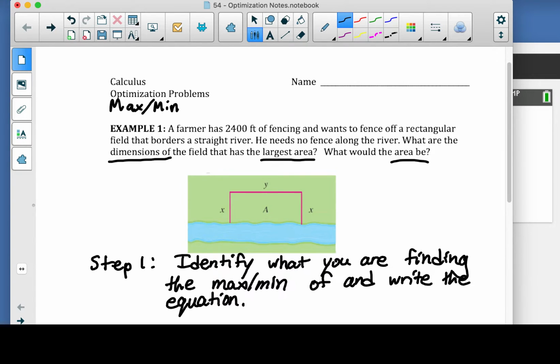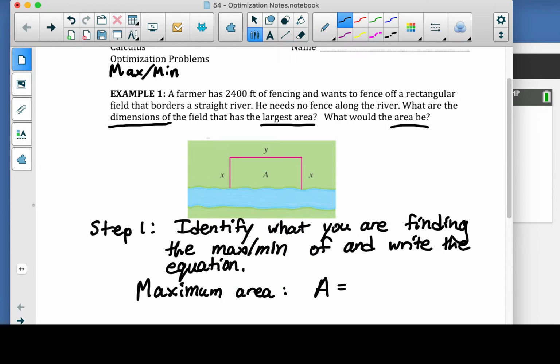Substitute into to help us with finding that, in this case, maximum area. So we're looking for a maximum area, x times y, just because we're seeing that x and y are our length and width in our equation.